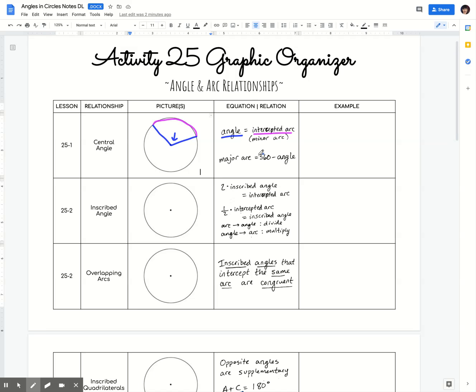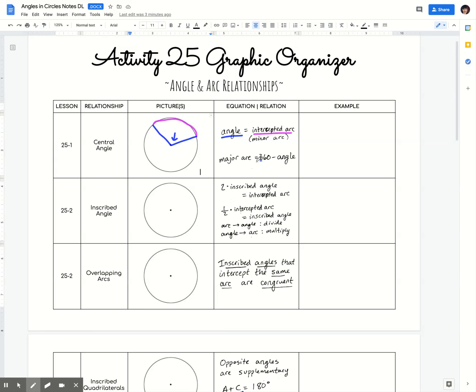Usually this intercepted arc is a minor arc, meaning that it takes up less than half of the circumference of the circle. The rule with central angles is that the angle measurement is equal to the arc measurement. I'll do an example in a second so you can see what that looks like.